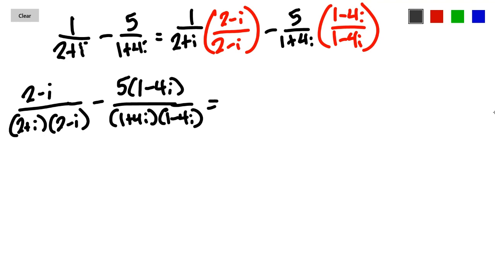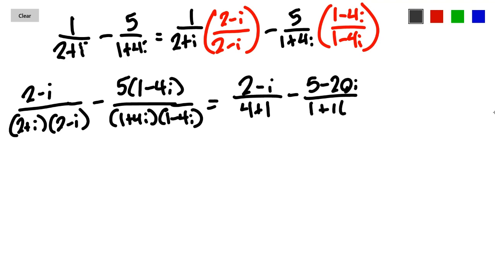On the top of the first one, it stays the same. But on the bottom, I have a 4 plus 1. And then on the second fraction, I've got a 5 minus 20i on the top, and on the bottom, I have a 1 plus 16. And so what this gives me is 2 minus i over 5, minus 5 minus 20i divided by 17.